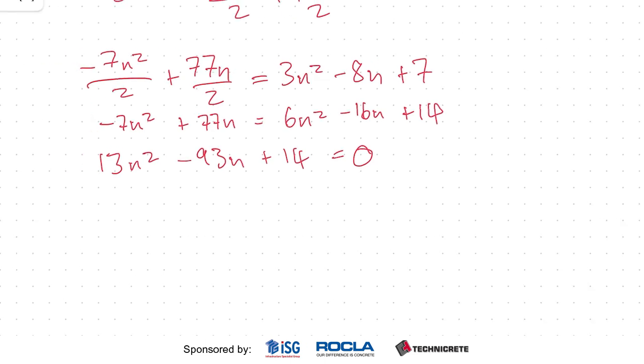What I can say is, if you're uncomfortable factorizing when you have big numbers like 93 and 14, what you'll see is that the factors are very simple. But if you're uncomfortable factorizing, then just use the quadratic formula, or you can use the quadratic formula on your calculator. I'm not sure if you know how to do that, but you can, to get to the answers quickly.